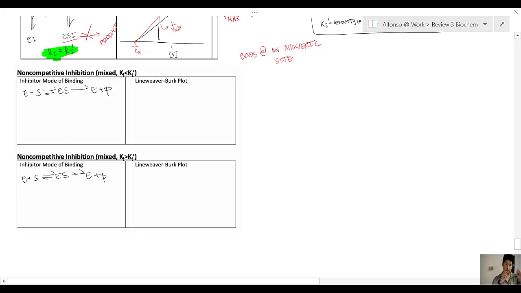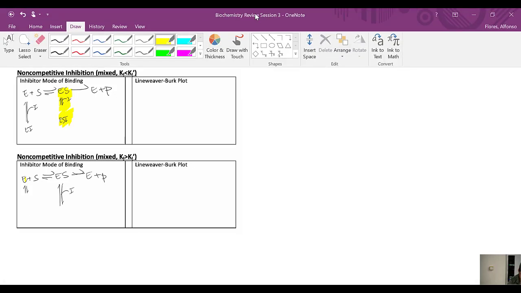With non-competitive mixed, you're going to have the same reaction where the inhibitor binds to both the free enzyme and the enzyme substrate complex, but not equally well. And I'll show you exactly what I mean. Oof, I messed that one up.